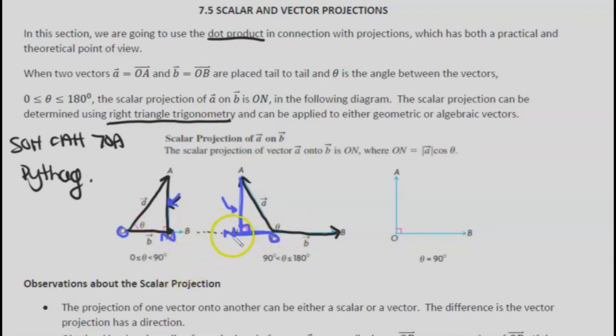ON, if you think about it, is the magnitude of vector A cos theta. Why is it this?